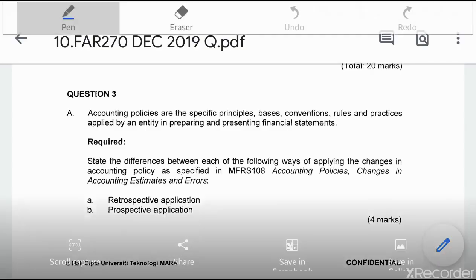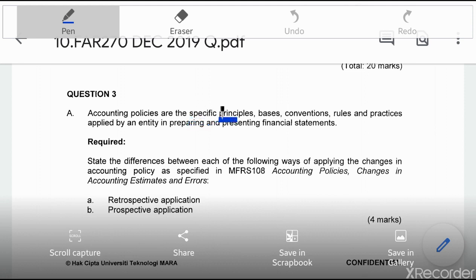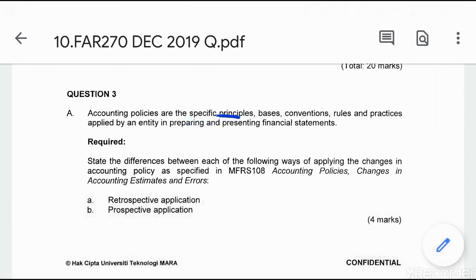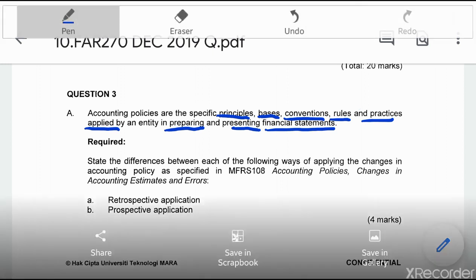The statement says accounting policies are the specific principles, basis, convention, rules, and practice which are applied by an entity in preparing and presenting the financial statement. So basically the statement is trying to say that this has something to do with recognition.